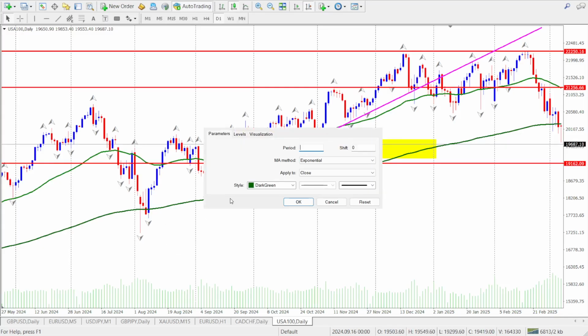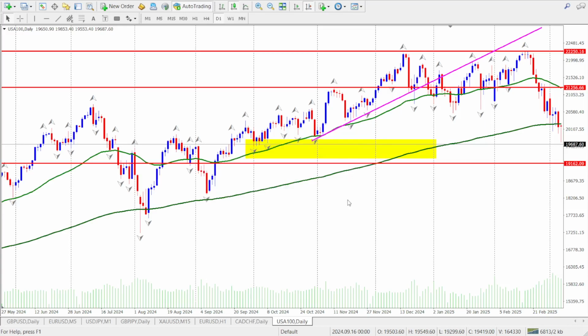All right. So for example, here we can see that we had price trading above the 200 EMA and crossed above the 50 EMA, and you can see that the fractals appeared around the support level. So that was a good time to enter a buy.